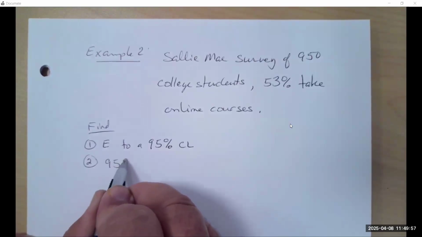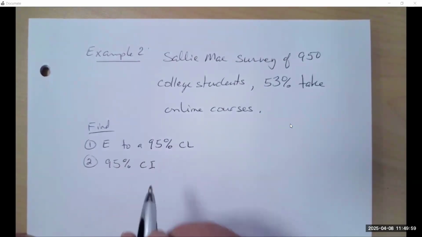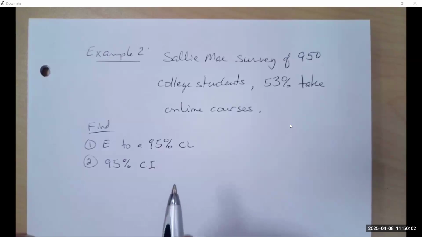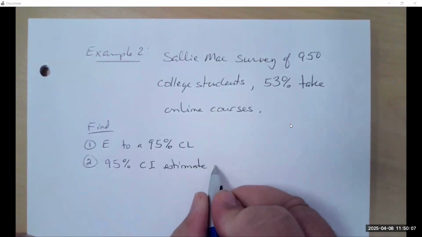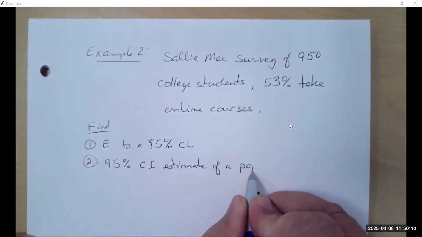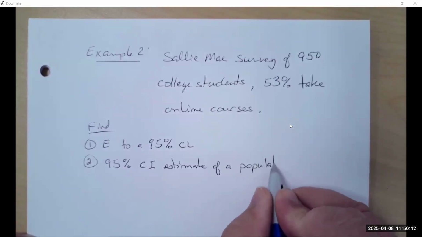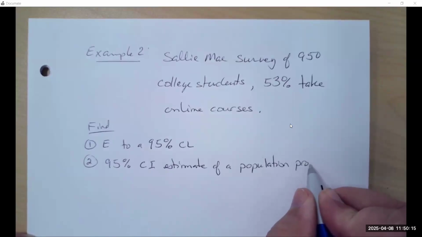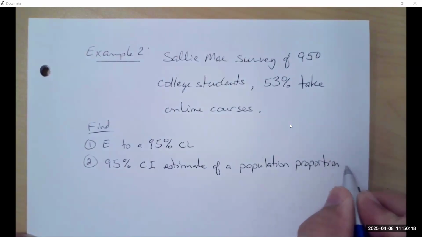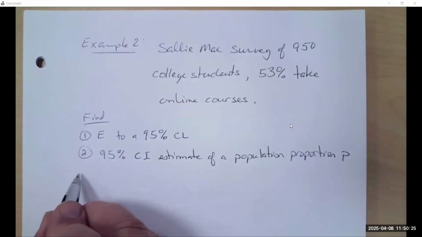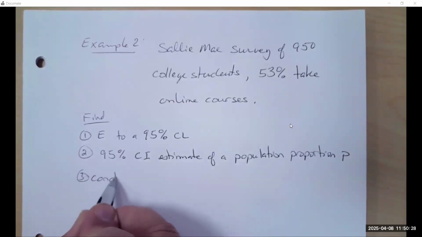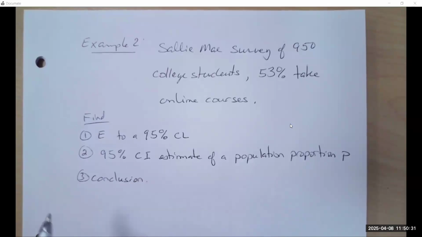Find a 95% confidence interval estimate of a population proportion p and conclusion. What can we conclude about it?